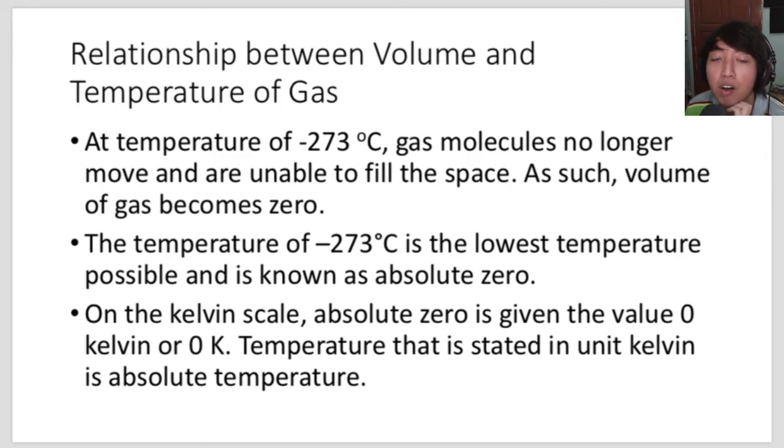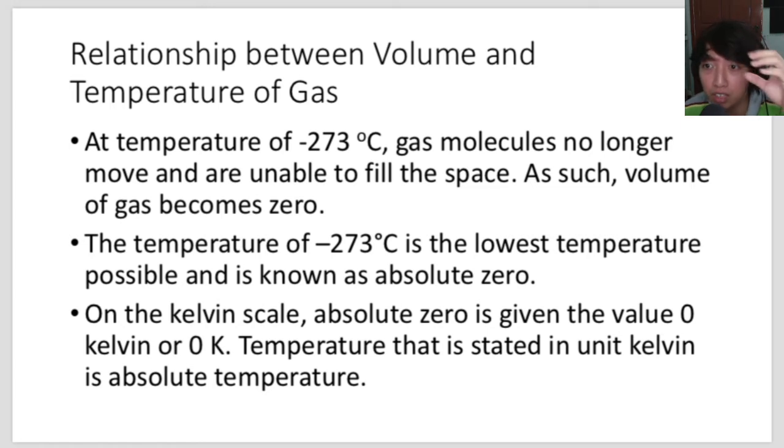So at a temperature of negative 273, theoretically, gas molecules no longer move. We know that molecules are moving, and because they are moving, they create pressure and create space, or volume. When you add more heat, they get more energy and move faster. The opposite is also true.